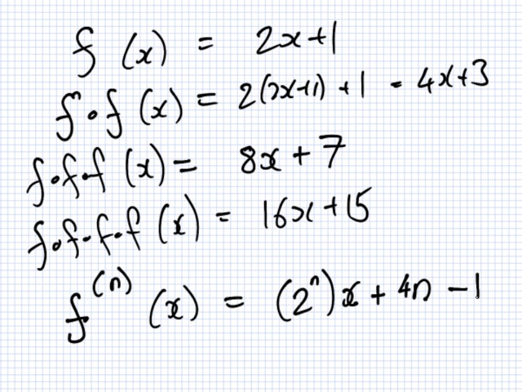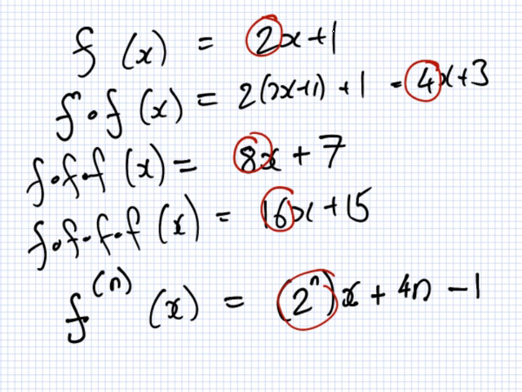Yeah, this is right. How do you get that? I use my mind. If you look here, when you have the function once, you had a 2. When you had it twice, you had a 4. Three times is an 8, four times is 16. So these are powers of 2.